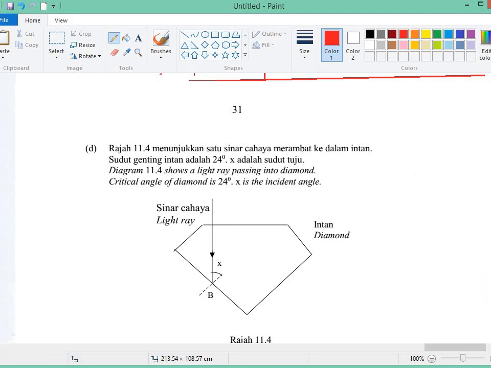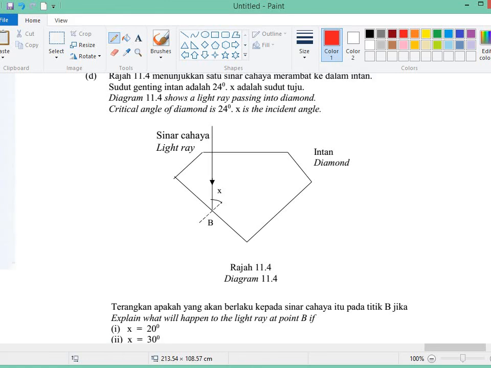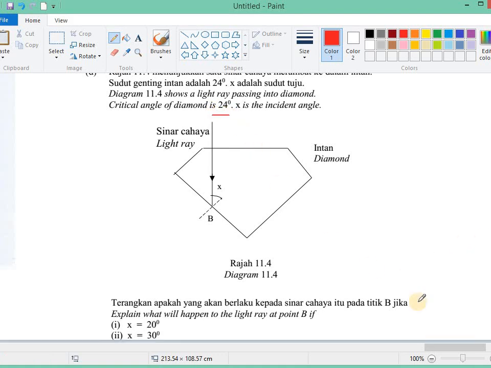Okay, so diagram. Diagram 11.4 shows a light ray passing into diamond. Critical angle of diamond is 24 degree. X is the incident angle. Explain what will happen to the light ray at point B if x equals 20 degree and x equals 30 degree.